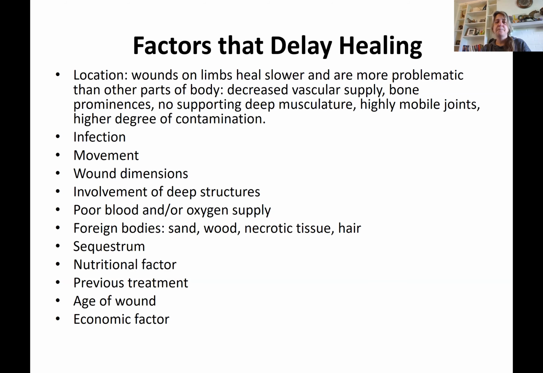Foreign bodies. And the term is foreign bodies, not foreign objects. An object is like a pen, a pencil, a hair tie. This is a foreign body, even though it's not a dead body of a person. Sand, wood, necrotic tissue, and hair can all act as foreign bodies.